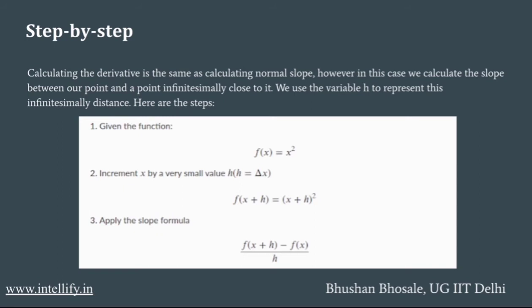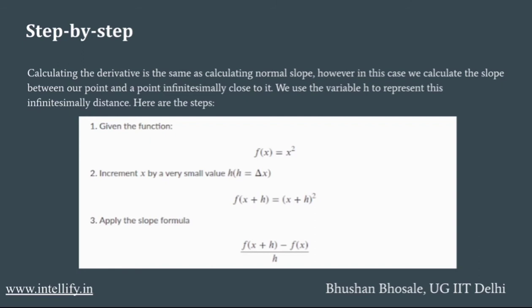So the slope formula comes out to be f of x plus h minus f of x upon h, which is equivalent to y2 minus y1 upon x2 minus x1, where y2 and x2 in this case are a point infinitesimally close to the original point.